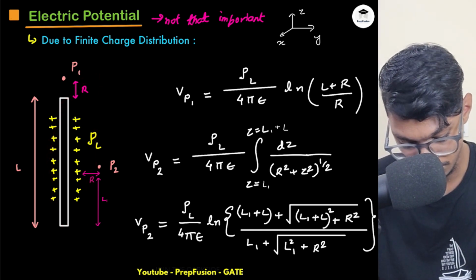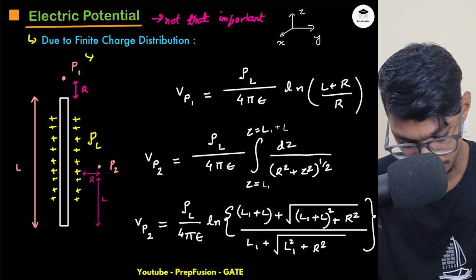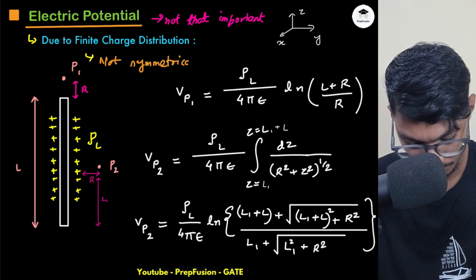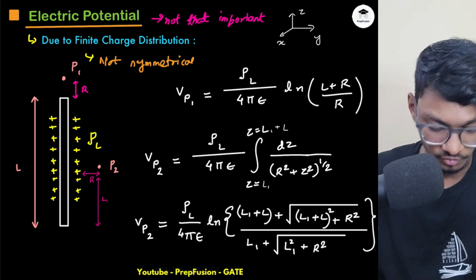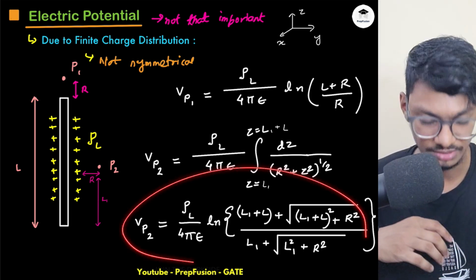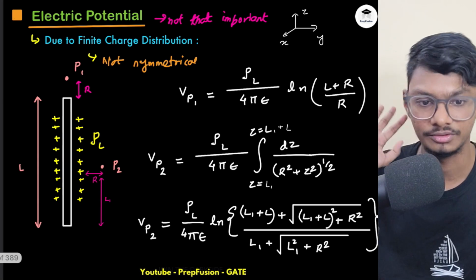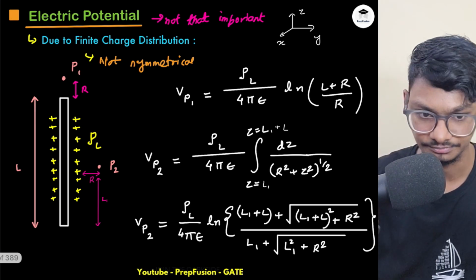For the non-symmetrical case, this weird kind of expression comes up, so don't worry, you don't have to remember it. Maximum chances are that this will not come in your examination.